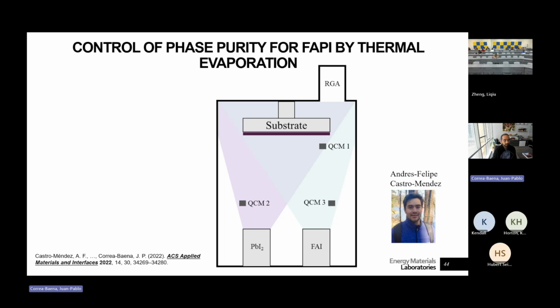This cone is where we evaporate the material. The material goes into a vacuum chamber, and it gets deposited on the substrate. And then the FAI, the organic material, also gets deposited in this plume. You see that this goes and interacts here. We co-evaporate them, so we evaporate them both at the same time, and we form a film over time.